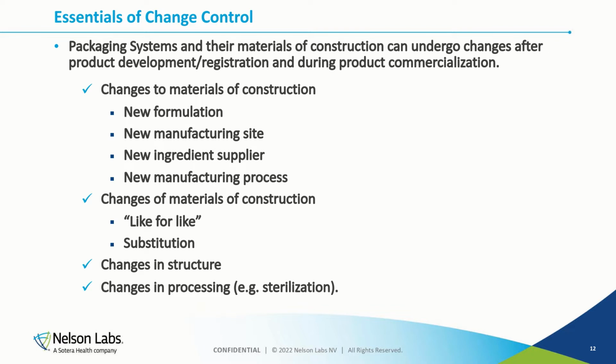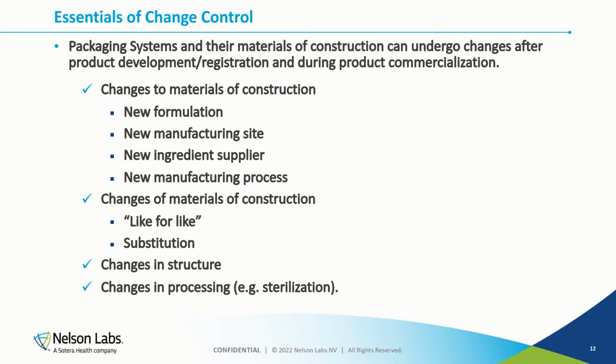Now, for someone who spent a lifetime in this activity, you realize there's almost the universe of possible changes that can happen. The most obvious one is something happens to one of the materials of construction. So let's say, for example, your bag is a multi-layered bag that has polypropylene as one of the layers.